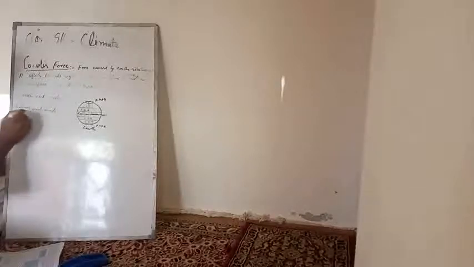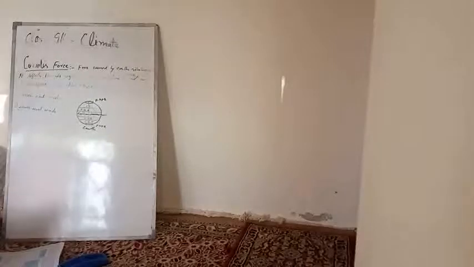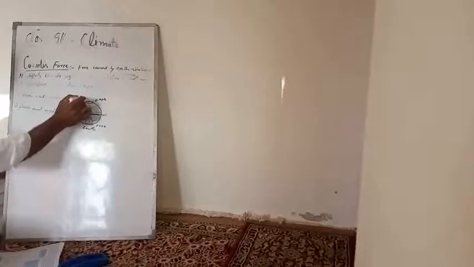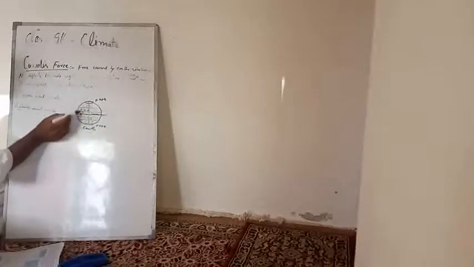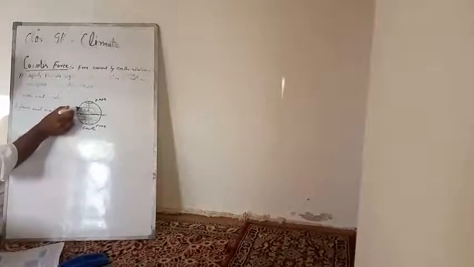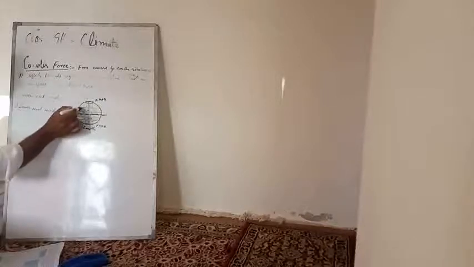These are the two winds. What do you mean by these two winds? This is north and this is south. The northeast winds move from this high pressure belt towards the low pressure belt.